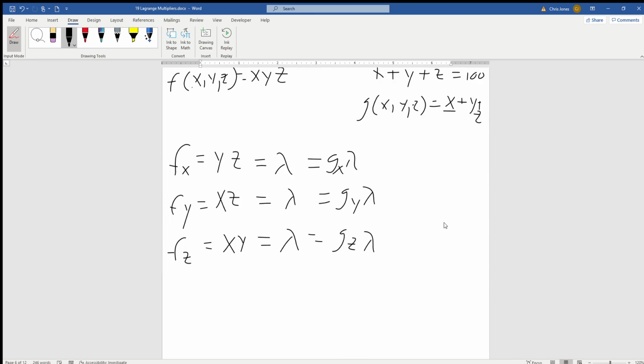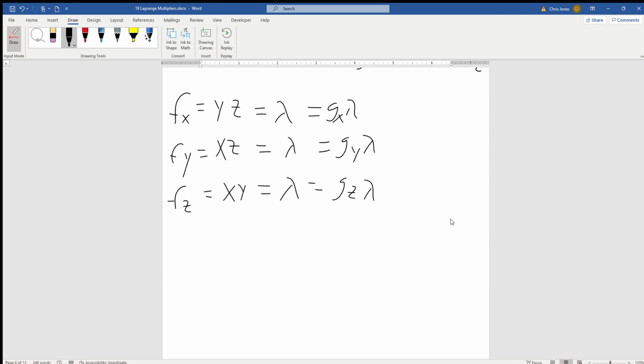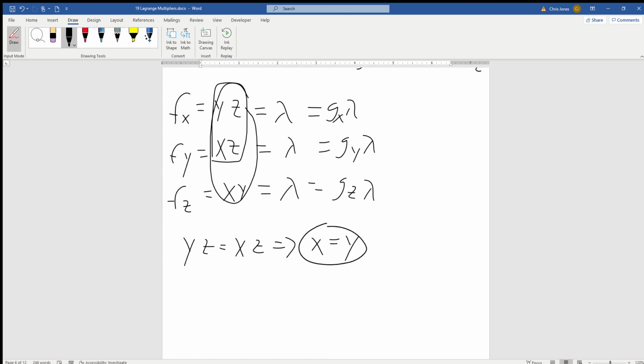So what's the relationship that we have? Well, since all 3 of these are equal to lambda, all 3 are equal to one another. And what we could do is, very easily, we could just say these 2 are equal to one another. So yz is equal to xz, which clearly indicates that x is equal to y. So let's hold on to that. We could also set these 2 equal to one another.